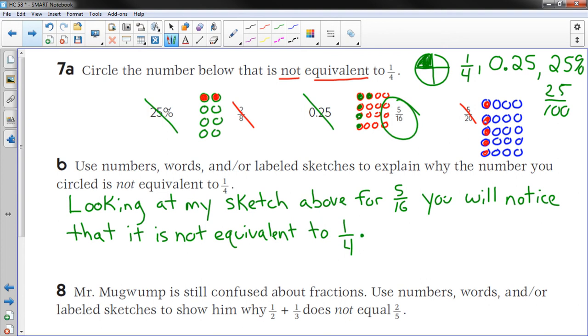You could even write a little more. It is larger than 1/4 by how much? In my drawing, it looks like 1/16.